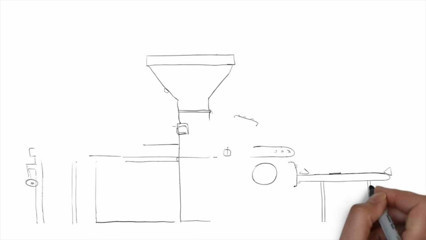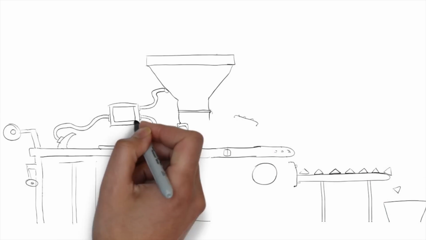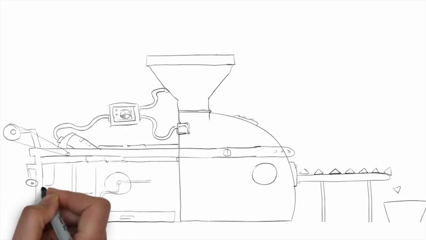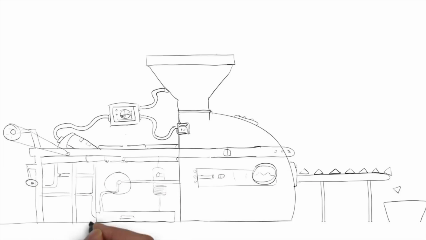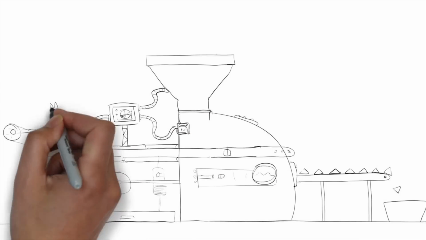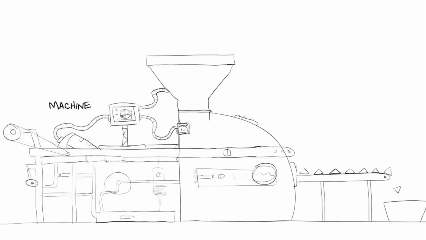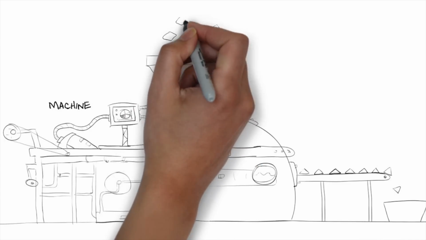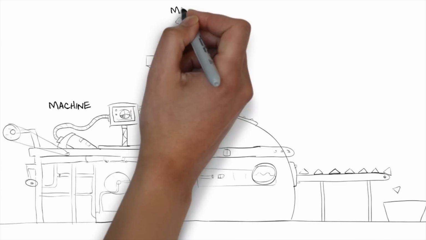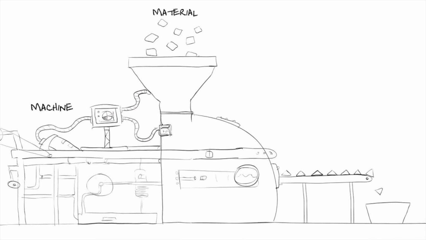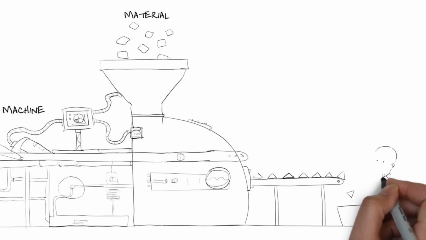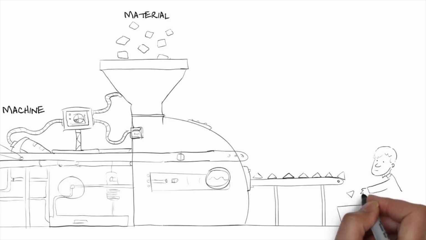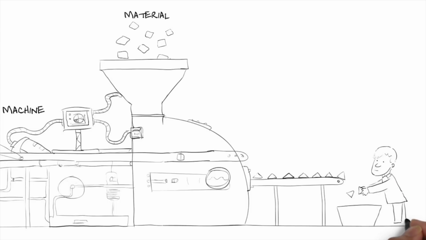Let's take an example of a process. Here we have a process that's producing widgets, and we need to identify the elements of that process that cause variation. So it is the machine, and this could relate to the age of the machine, calibration, the machine settings. We also have material, could be the supplier, the batch of material.